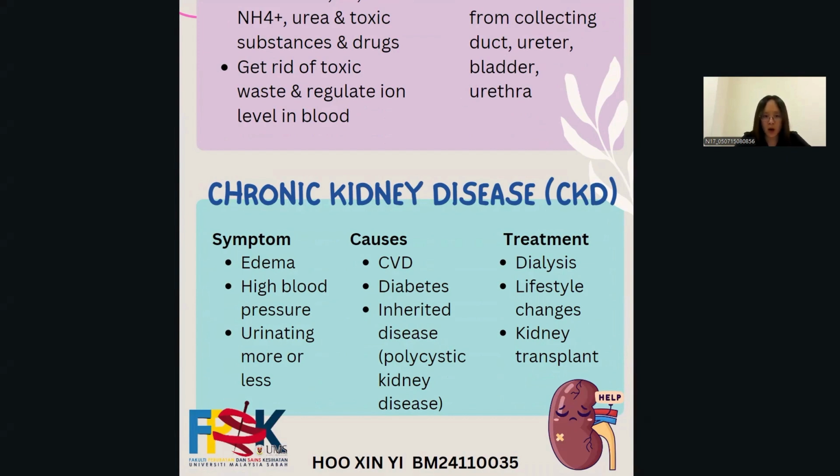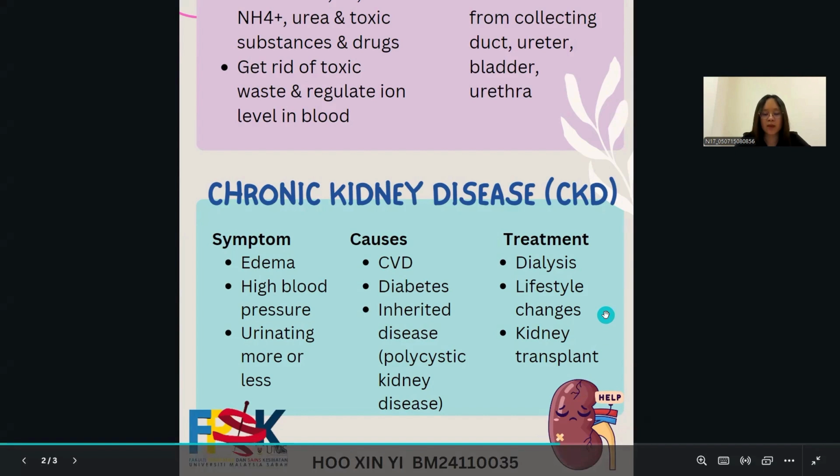So what actually causes this chronic kidney disease? It may be due to the patient having cardiovascular diseases, diabetes, or also inherited diseases, for example, polycystic kidney disease. And lastly, for the treatment method, the easiest or most simple way is to change our lifestyle.